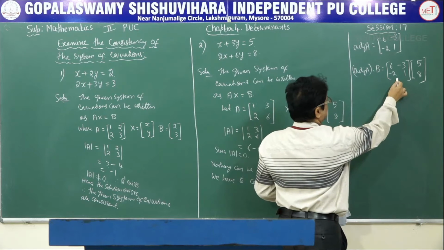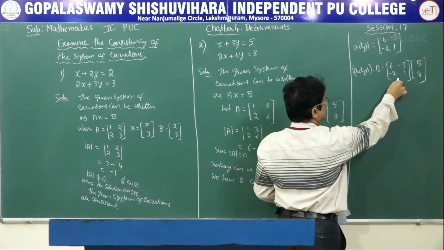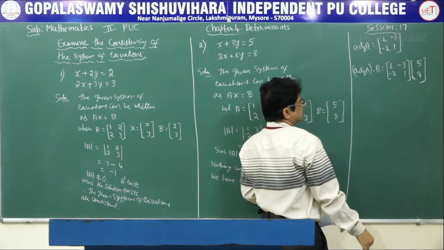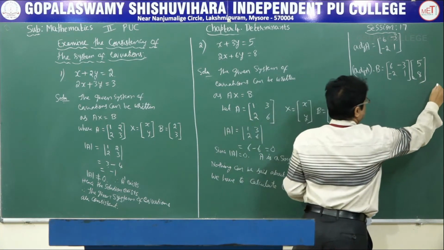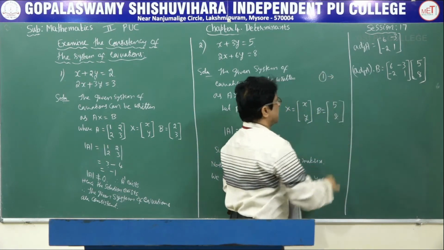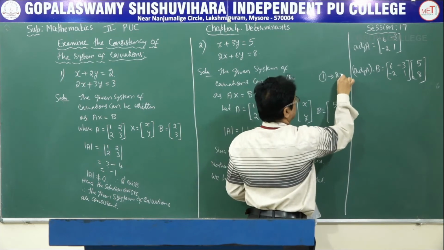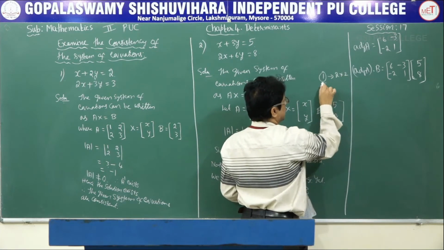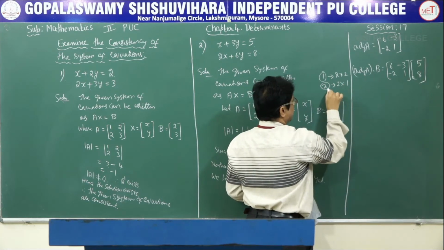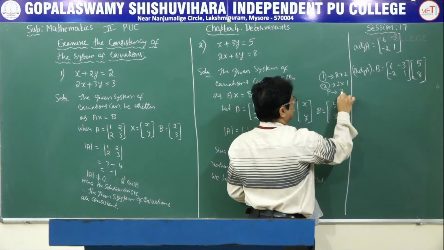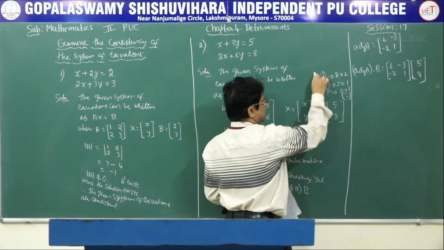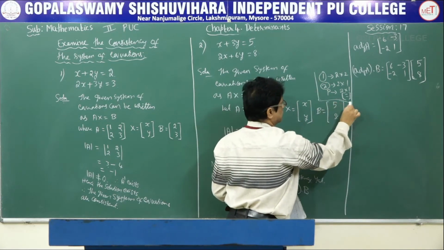First matrix is 2 cross 2 matrix and the second matrix is 2 cross 1 matrix, and the product matrix will be of order 2 into 1. That means it is having 2 rows and 1 column.